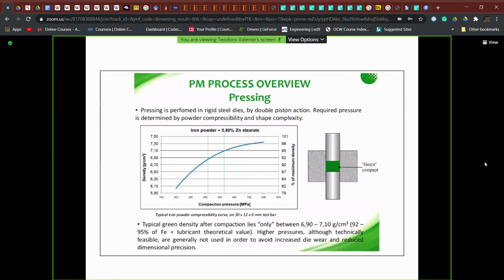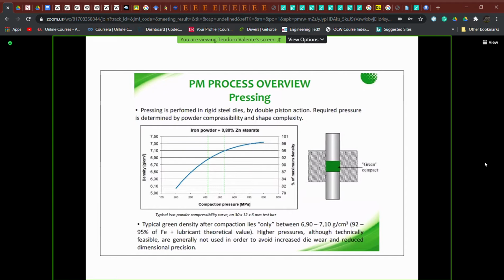According to the compaction pressure, here you have some data which refer to iron powders, but the concept is generally applicable. If we increase the compaction pressure, we can increase the green density of the green compact.